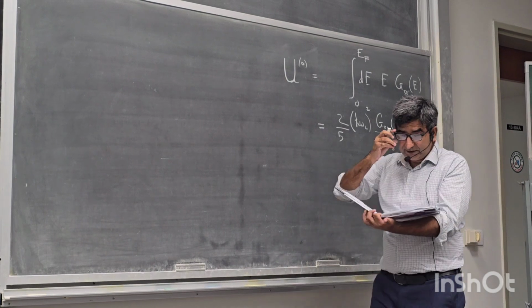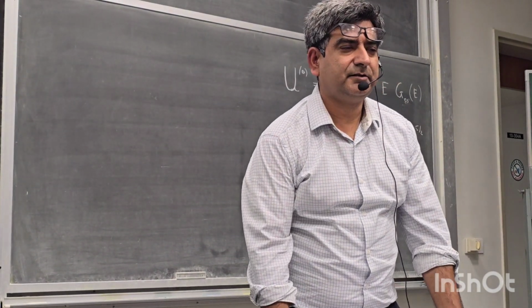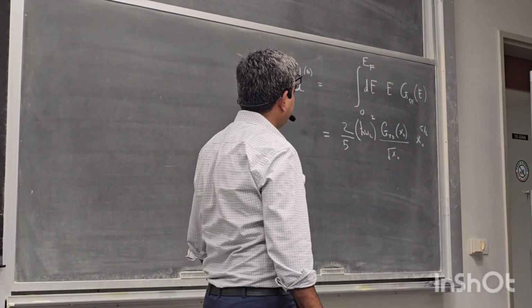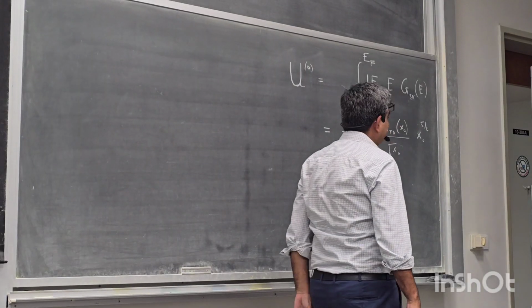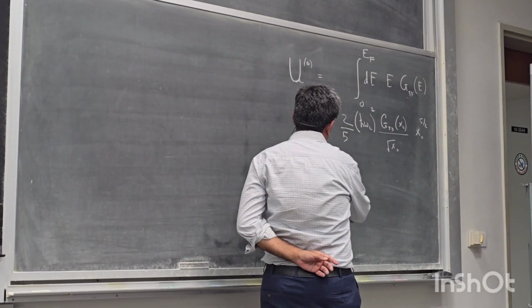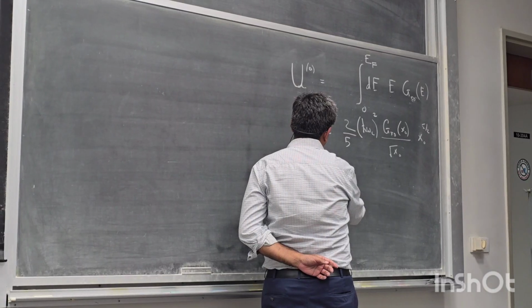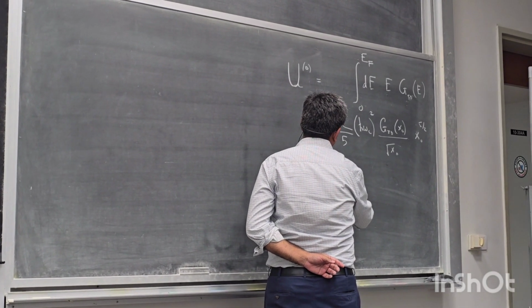We derived this last time. Okay, so you simply want to put in the value of E. So how do we derive this? We know that E over h bar omega c is x.